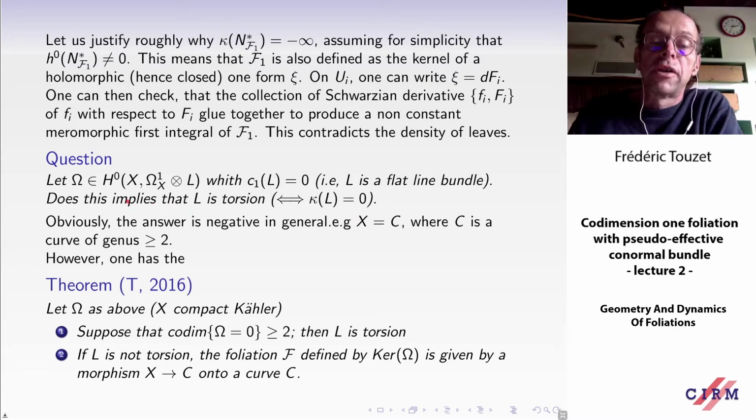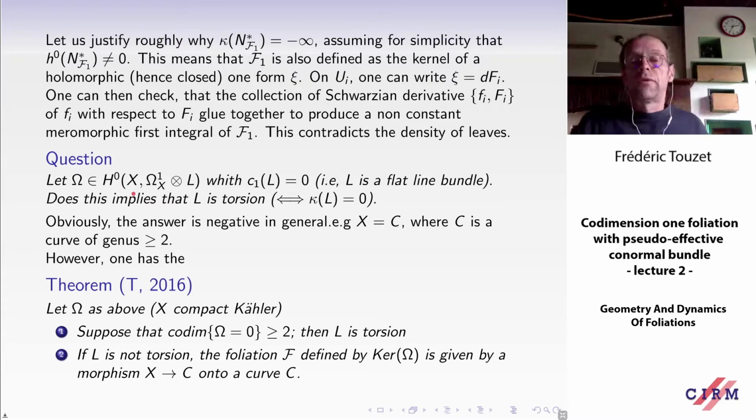Of course, this one-form has to vanish somewhere. The vanishing locus here consists of finitely many points in the case of Riemann surfaces, because the canonical bundle of such surfaces is ample. But in general, if one removes this codimension 1 vanishing locus, the answer is positive.